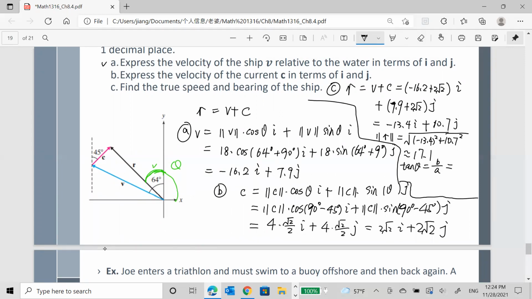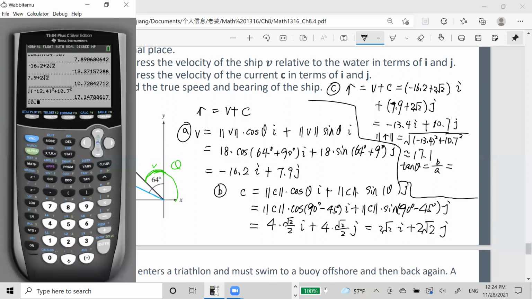10.7 over negative 13.4. That's negative 0.7985.